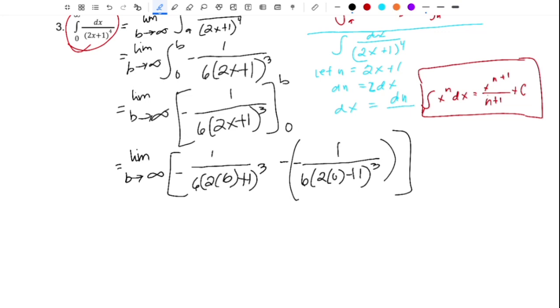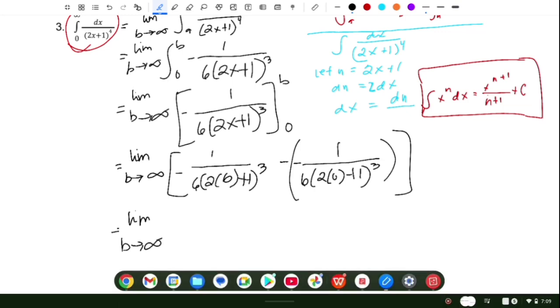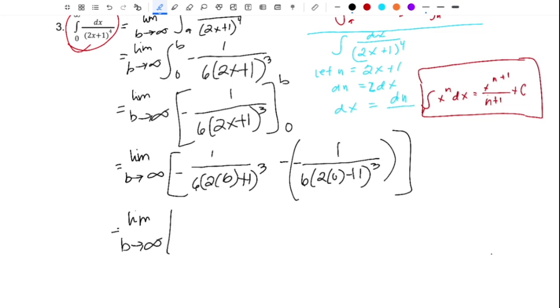If we simplify, we will have the limit as b approaches infinity of negative 1 over 6 times (2b plus 1) cubed.